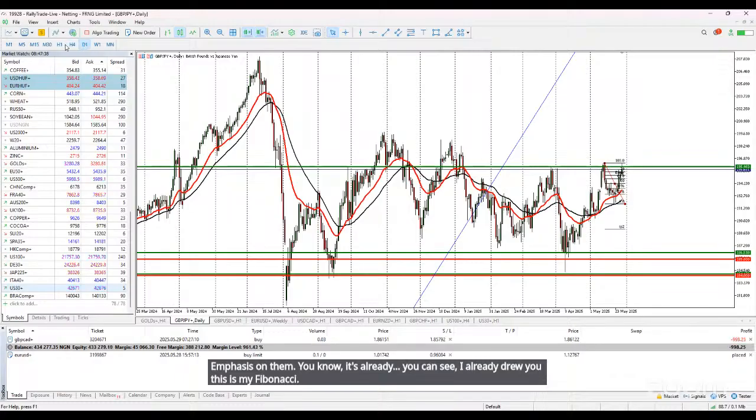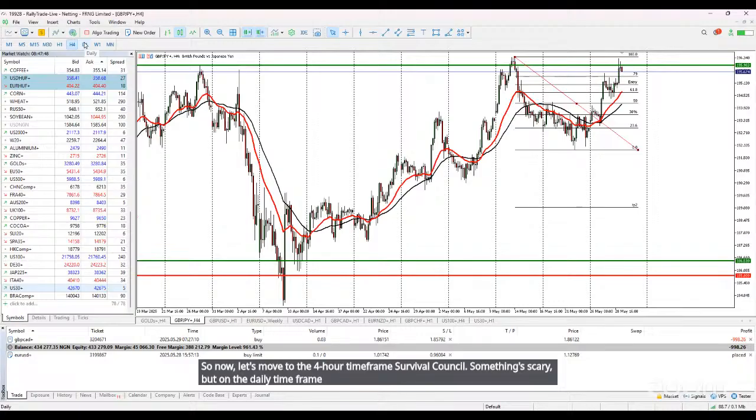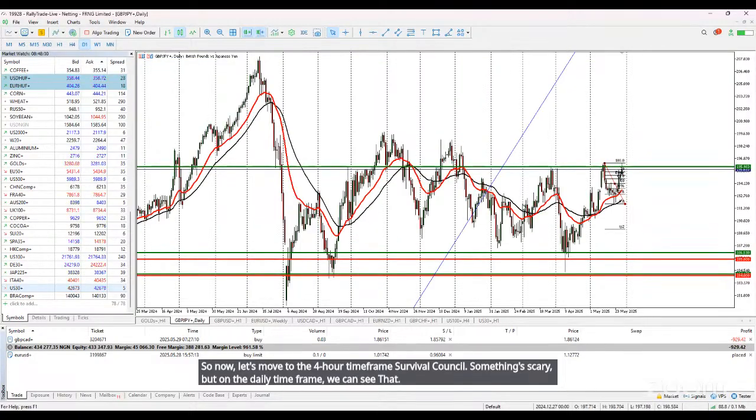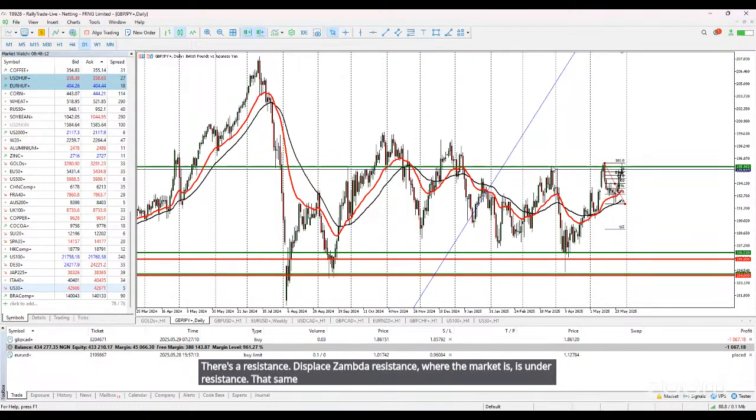So now let's move to the 4 hours time frame so that we can see some things clearer. But on the daily time frame, we can see that this place is a resistance, where the market is under resistance. That same point, the market has gotten to this place now.